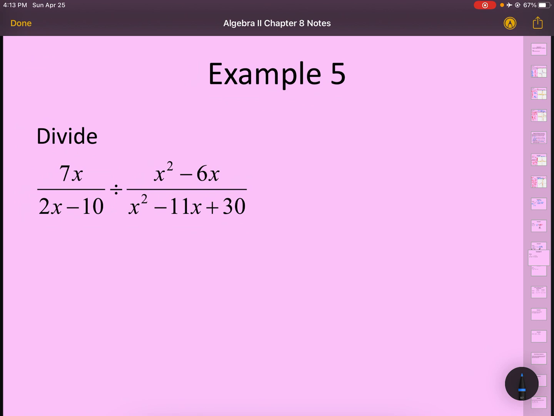Okay, so first we're going to divide these two rational expressions. So again, what we're going to have to do is multiply by the reciprocal of the second one. So I'm going to leave the first rational expression the same, and then multiply by the flip-flop, or reciprocal of the second one.